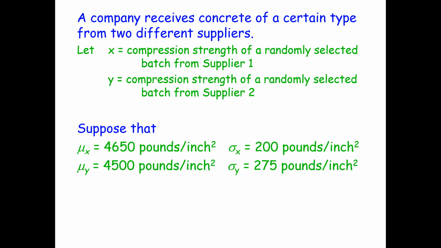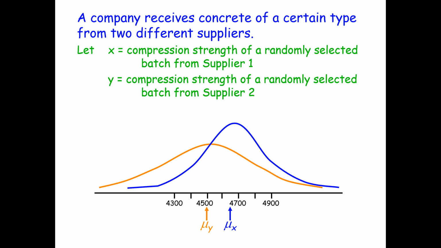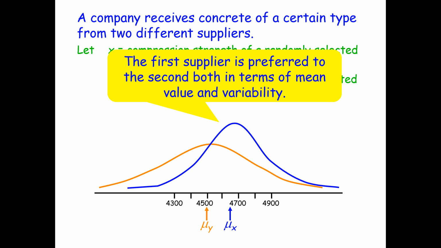And our mu sub y equals 4,500 pounds per square inch, and our sigma sub y equals 275 pounds per square inch. So if we look at how this might distribute out, here's our mu sub x, and here is our mu sub y. Notice that the first supplier is preferred to the second, both in terms of mean value and variability.